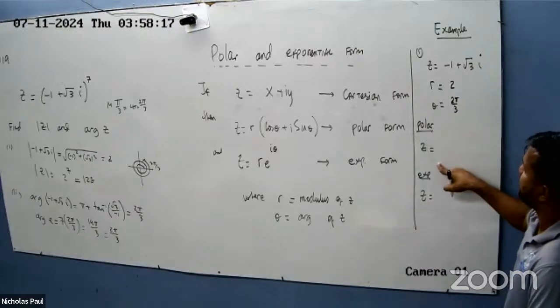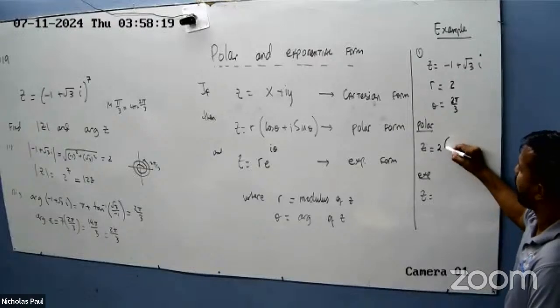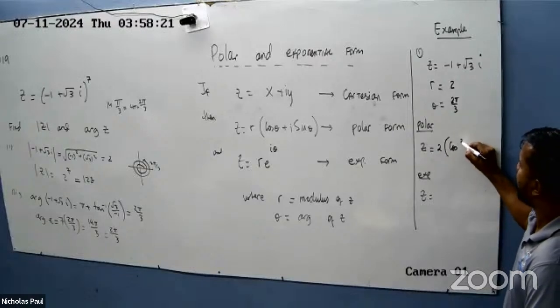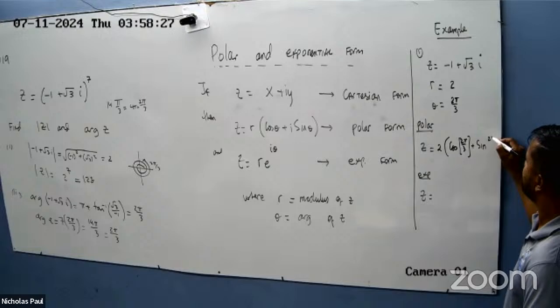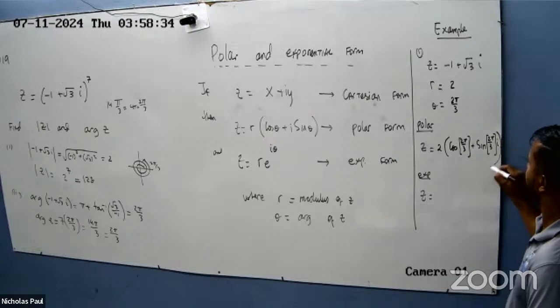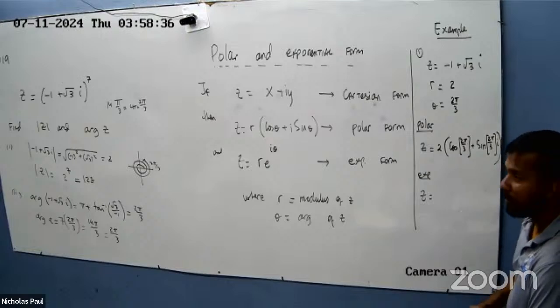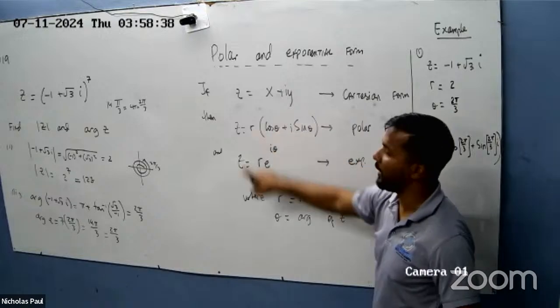So therefore z is 2(cosine 2π/3 plus i sine 2π/3). All of it is just plugging in theta now.